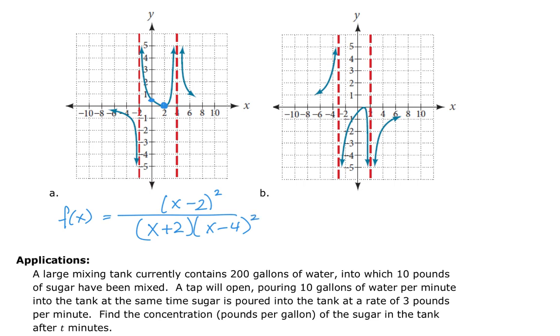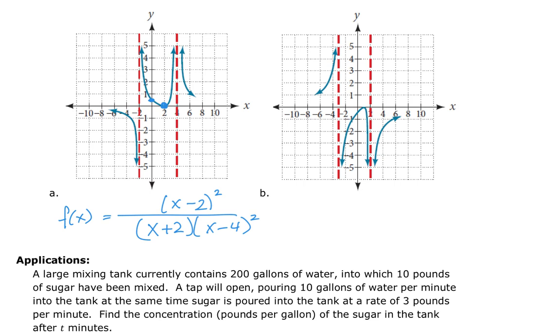And also, had I not changed the multiplicity of this to 2, the degree of the numerator would have been 2 and the degree of the denominator would have been 2, which means I would have had a horizontal asymptote at the coefficients over each other, which in this case would have been 1. And I don't have that. I actually have it right here. So here is my polynomial.